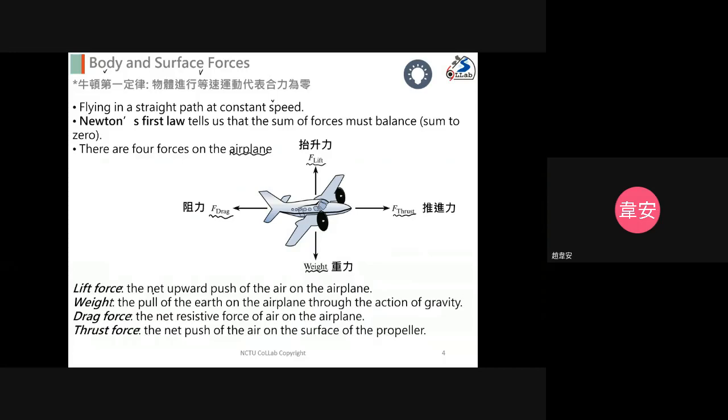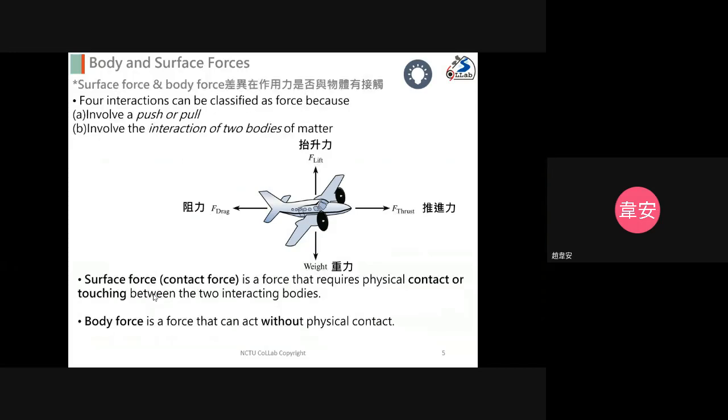We would like to know which is the body force and which is the surface force. This slide provides certain definitions.